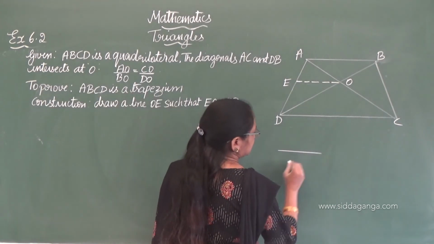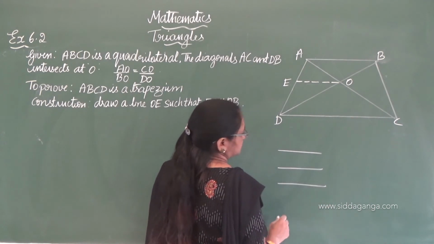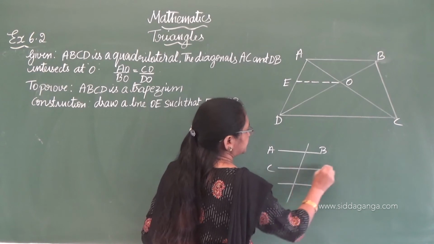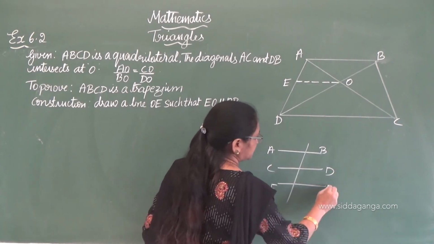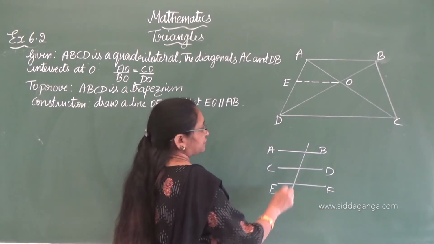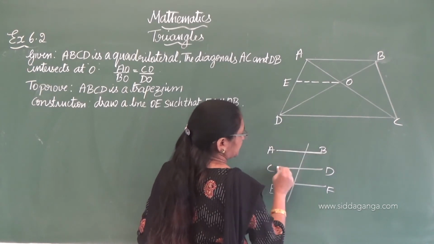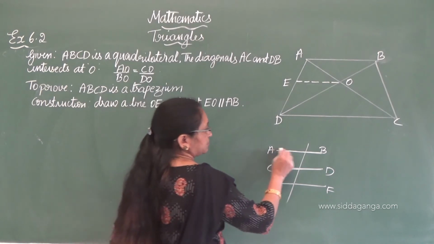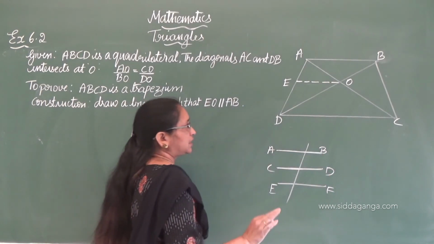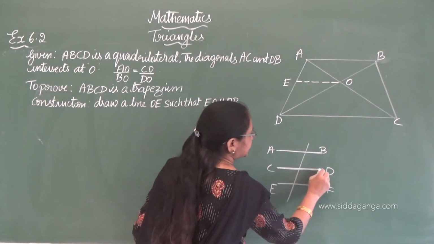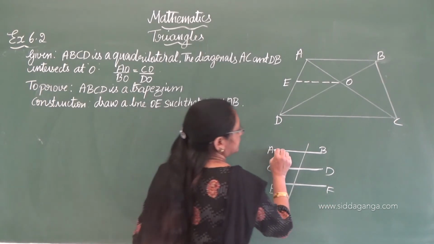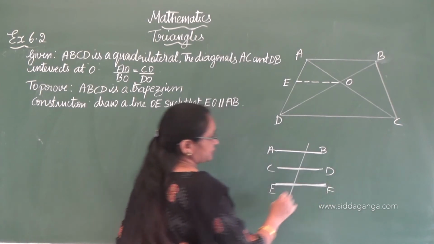suppose 3 lines are there. Now AB, CD and EF. Now for example, if AB is parallel to CD, listen carefully, and CD is parallel to EF, then we can say that AB is parallel to EF.